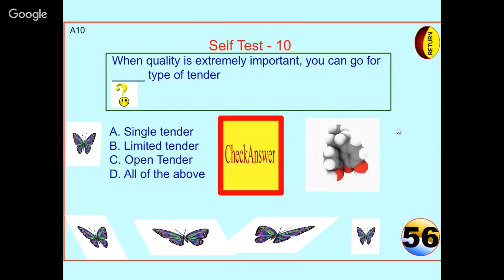When quality is extremely important, you go for dash type of tender. Single tender, limited tender, open tender, all of the above.